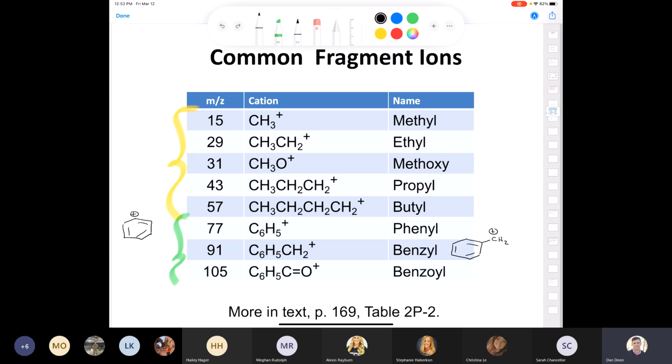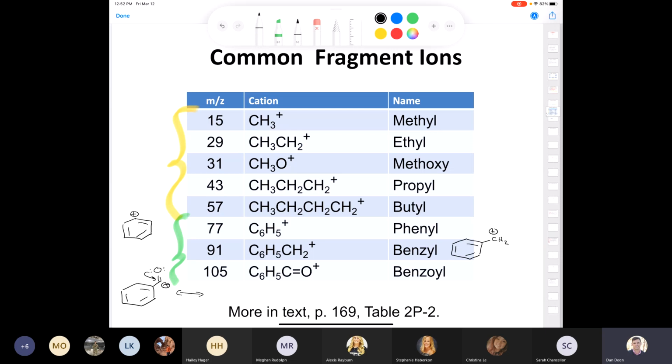And the last one is a benzoyl. Okay, so a benzoyl looks like this. We have our aromatic ring, and then we have a carbonyl, and we have a positive charge on the carbon here. Now you might say, well, it looks like the positive charge is on the oxygen there, Mr. Dion. Well, hold the phone. I can draw a resonance structure of this compound, right, where I delocalize these electrons.